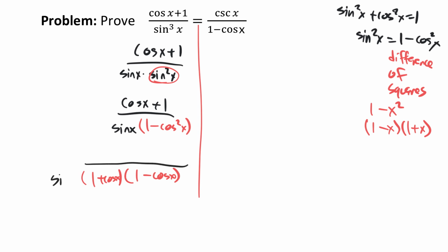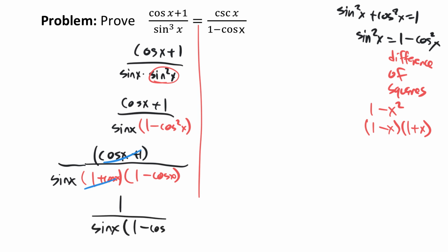Now the reason I do that is 1 minus cos x, not super relevant, but 1 plus cos x and cos x plus 1, these are the same thing. So we can go ahead and cross them off, and we get 1 over sine x times 1 minus cos x.